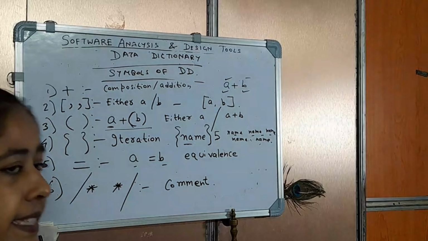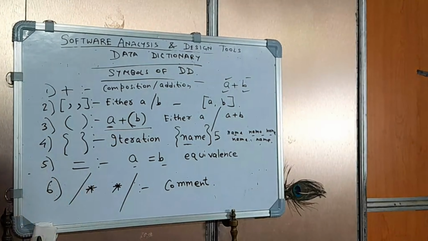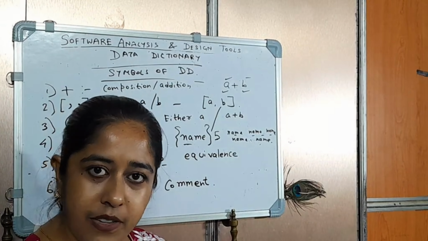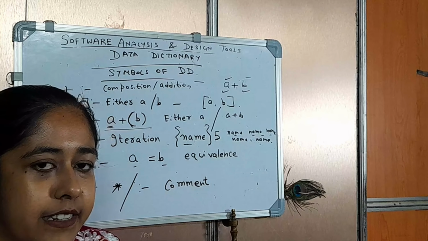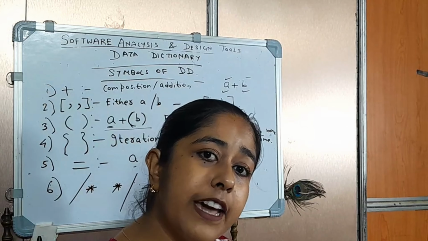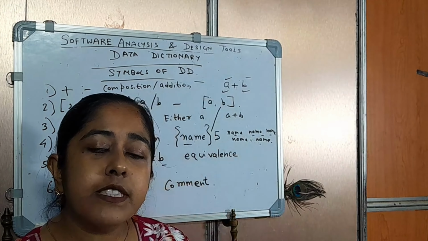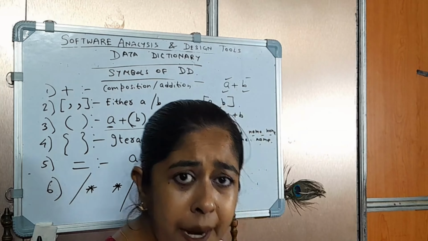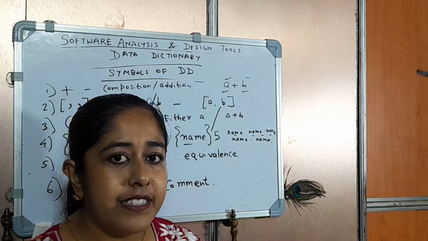So these are the basic signs which we are going to use when we make a data dictionary. What does the data dictionary contain? It contains the list of all data, everything from A to Z, everything which is in your DFD, but in a structured manner.